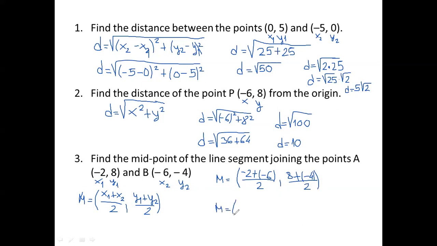From the first one we have -2, then plus times minus gives us -6, divided by 2. And the second one, again plus times minus, so we'll have -4 divided by 2.